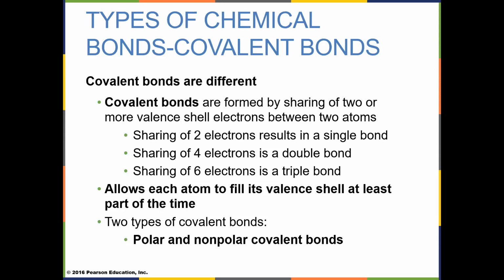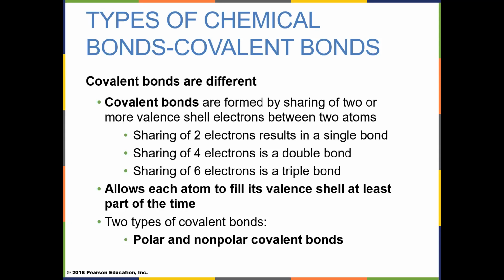So that it achieves the stability it wants in its valence shell, it shares 2 electrons with atom number 1 and atom number 2. So everybody, the oxygen molecule is very stable.